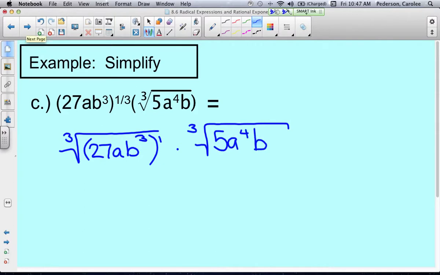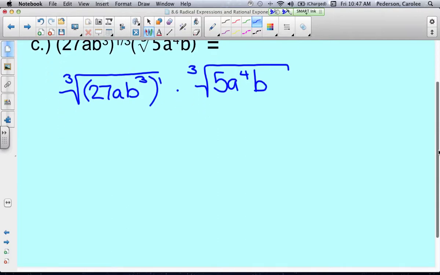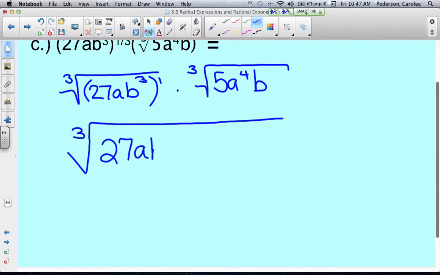Now remember in our radical rules, we have 2 radicals that are both index of 3. So we can combine them into 1. So we have 27ab cubed times 5a to the 4th, and then b.